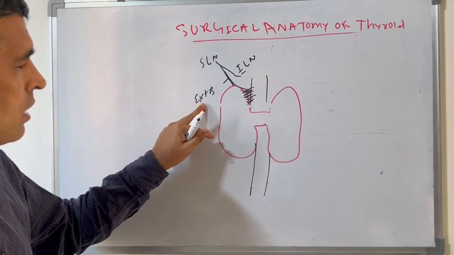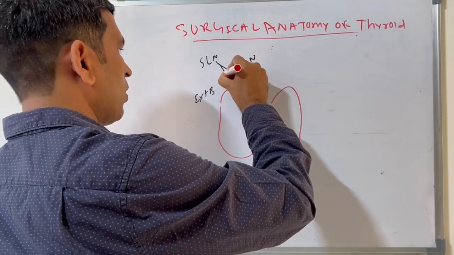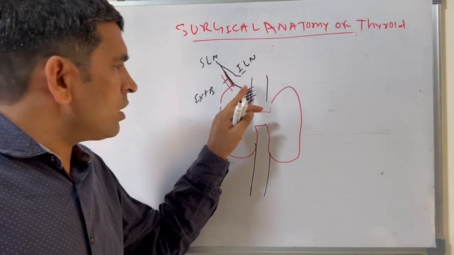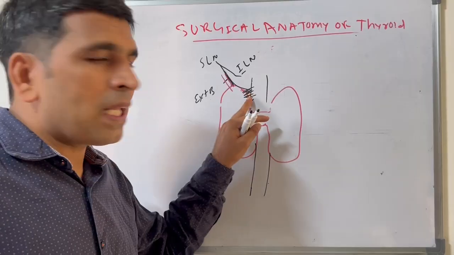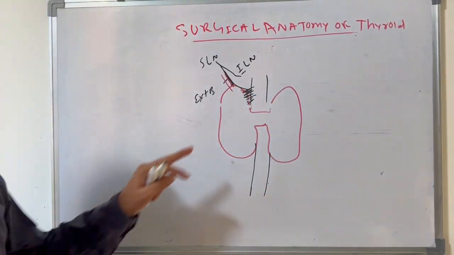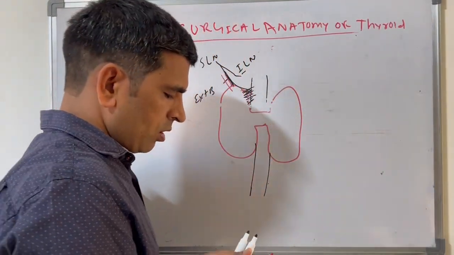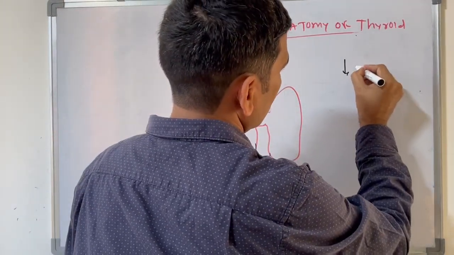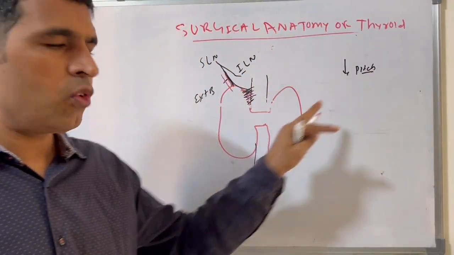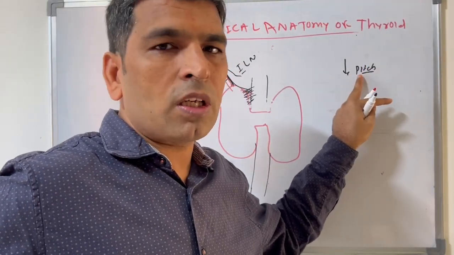So this external branch is nearby to the thyroid pedicle, and it supplies the cricothyroid. If you cut this during surgery, the patient may have a decrease in pitch, pitch power decrease. So in a singer, if you are doing the surgery, you have to take care of this nerve, and everybody has to take care of this nerve.